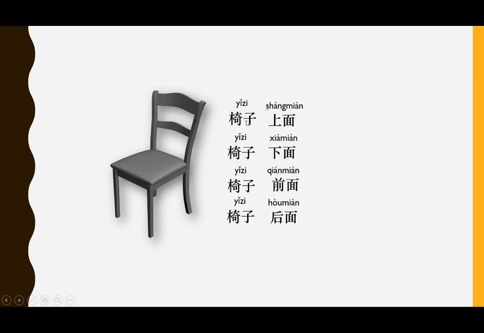And finally we have 椅子上面, 椅子下面, 椅子前面, 椅子后面. And could you point out the locations on the picture? Okay, now please read after me. 椅子上面, 椅子下面, 椅子前面, 椅子后面. Okay, now you can stop the video and read by yourself.